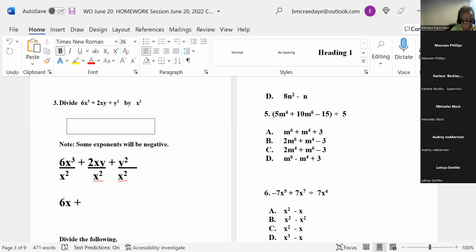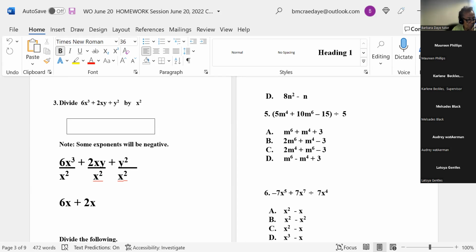The next one I get, x, y. Wait a minute, yes. We got x to the second. Well, you got a 2, of course, 2 over x to the 1. And what is the x exponent?